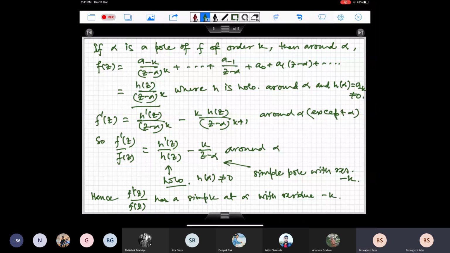The only difference comes at the level of the residue. If you start with a zero, the residue is positive, namely the order of the zero. If you start with a pole, the residue is negative, minus the order of the pole. Is this clear to everybody?